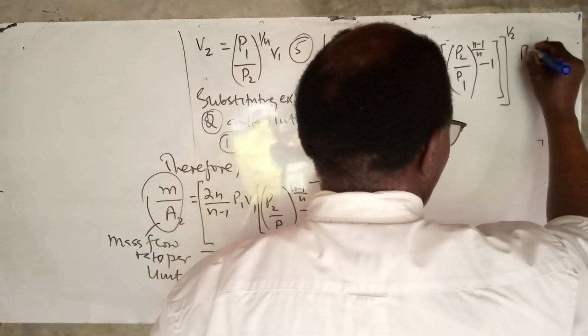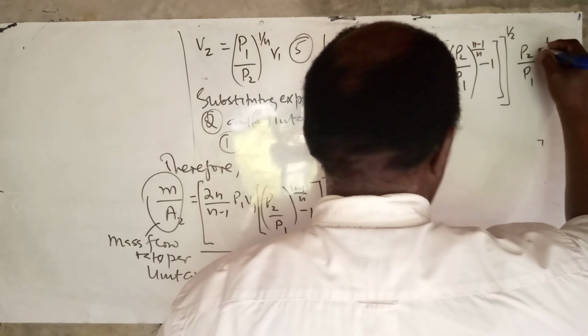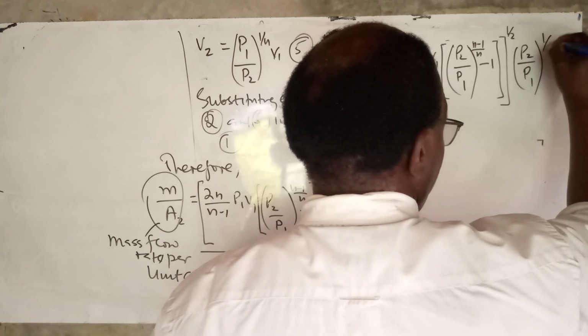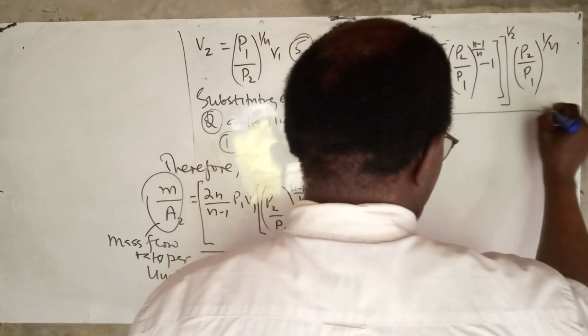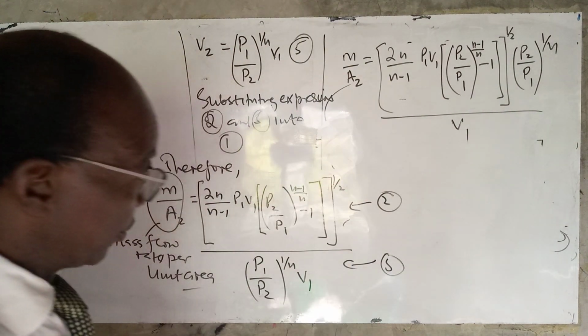So we'll have P2 over P1 to the power 1 over n divided by V1. Let's not forget our V1. So we are getting there.